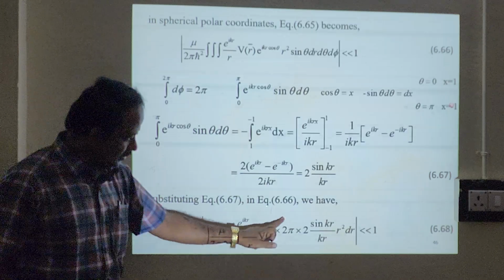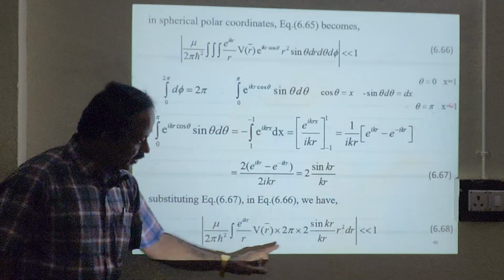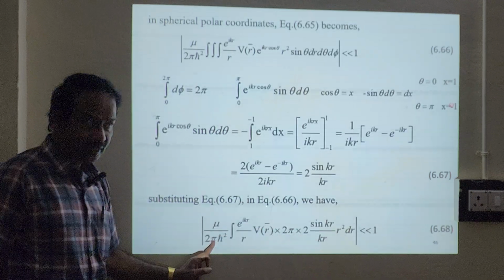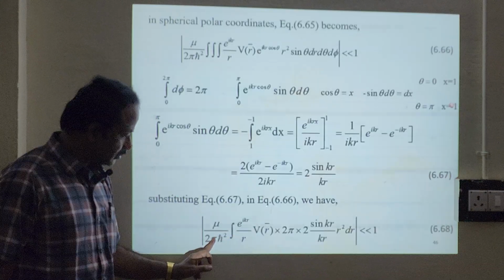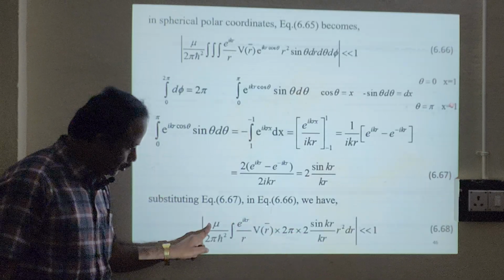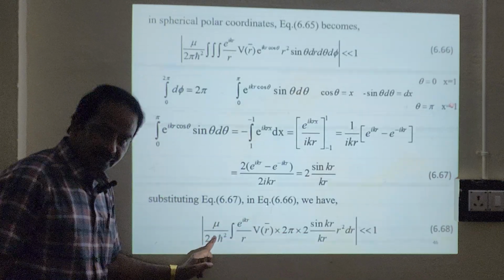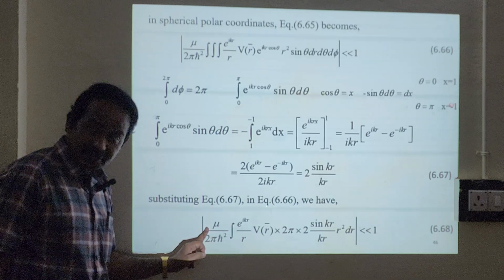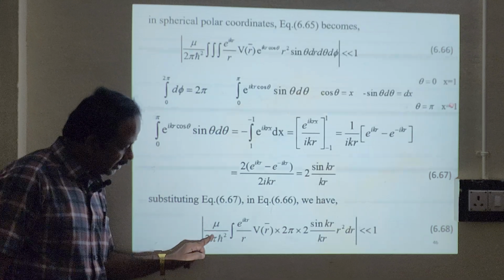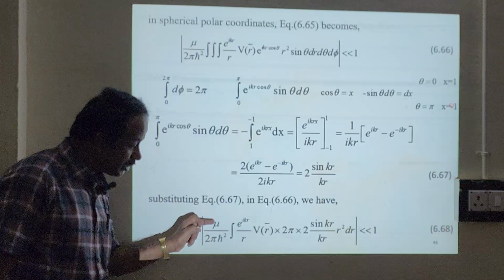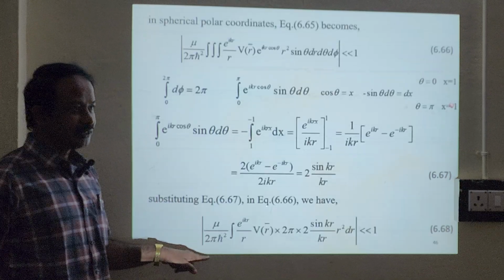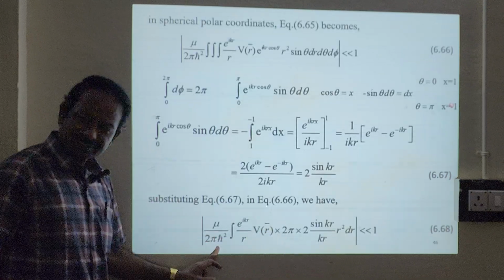This k I can take out, and we have 2 mu. So this becomes k divided by k square, h bar square divided by 2 mu. Is it okay? I repeat, 2 pi gets cancelled.